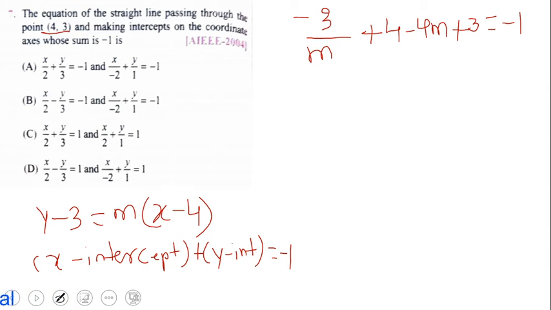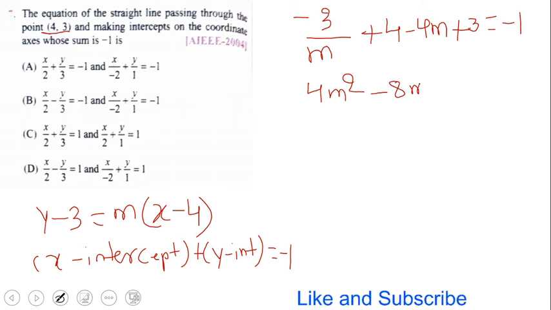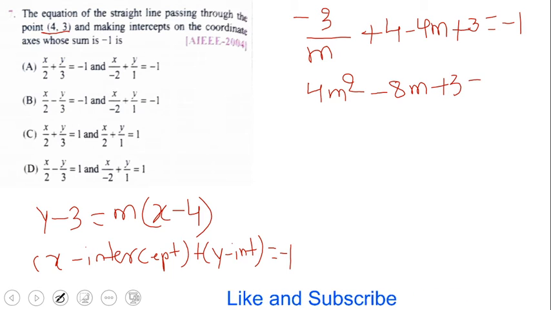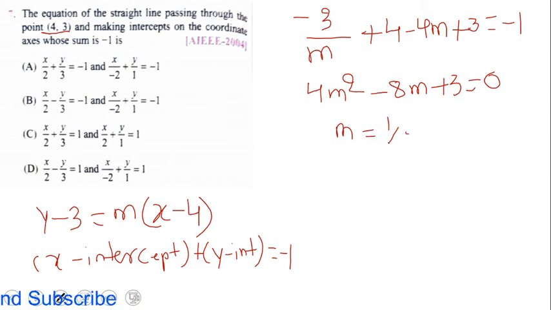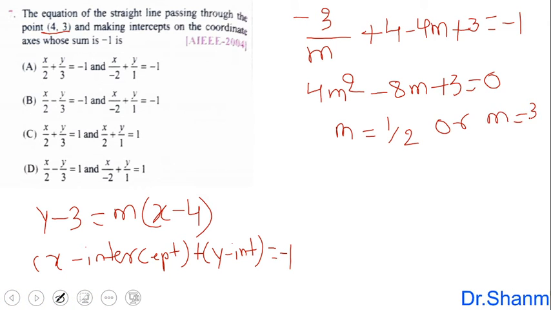So we simplify and get a quadratic equation: 4m square minus 8m plus 3 equal to 0. It is a quadratic equation, which leads to 2 solutions. We get m equal to 1 by 2, and one more solution, m equal to 3 by 2.